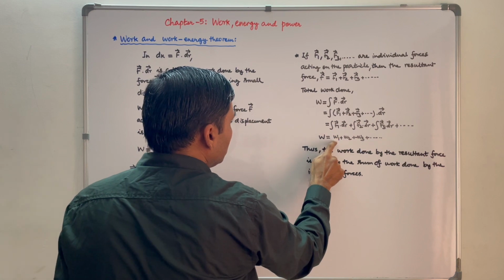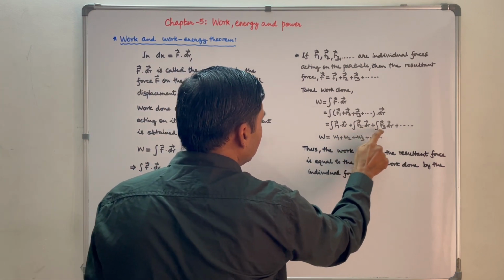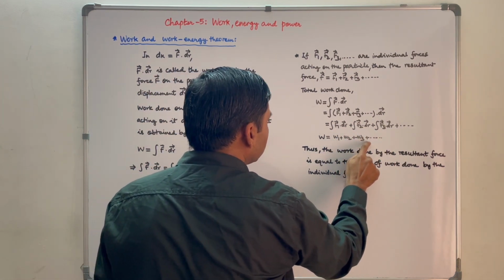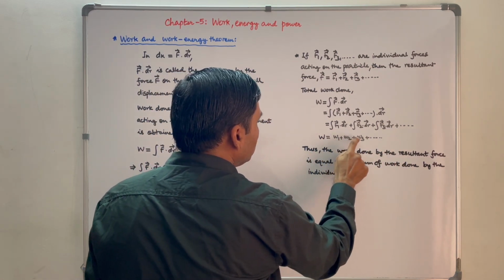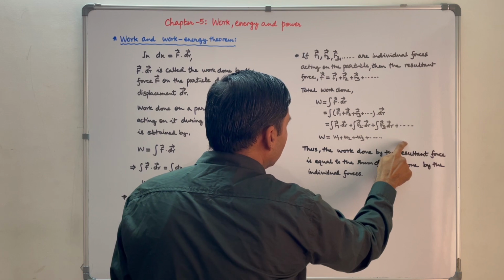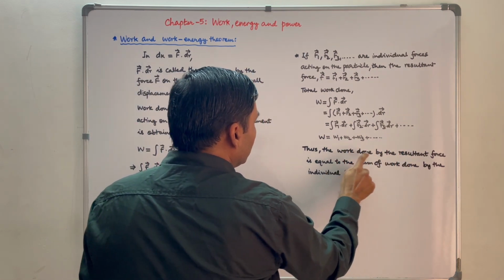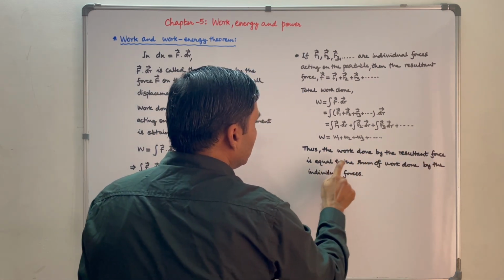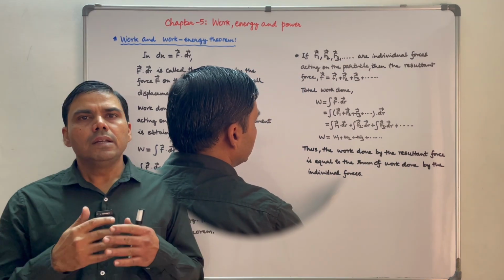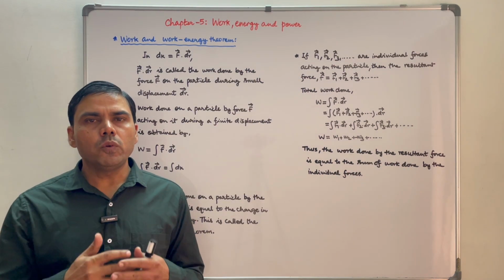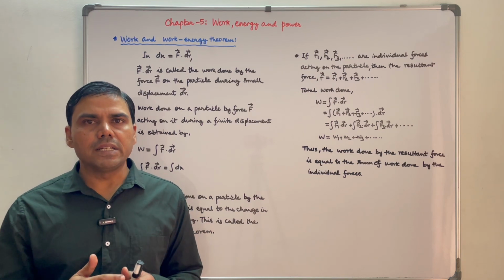This can be written as W1, W2, W3 plus and so on. So, W is equal to W1 plus W2 plus W3 plus and so on. What it means is work done by the resultant force is equal to the sum of work done by the individual forces. In the next video, we will see how to calculate work done in different scenarios.